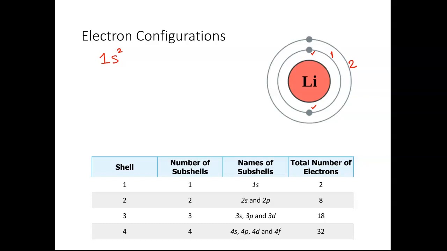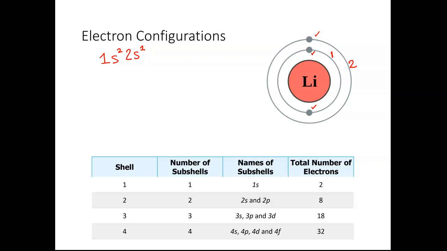Now we move to our next shell, and it has 2 subshells. The names are 2s and 2p, and it could hold theoretically a maximum of 8. We're in 2, and we're going to start with S and then move on to P. So we go 2S, and we see we only have 1 electron, so we can put a little 1 up here.